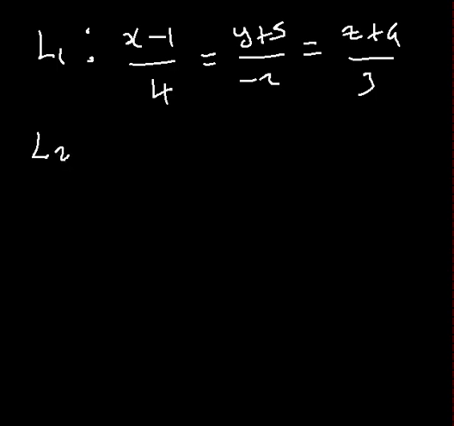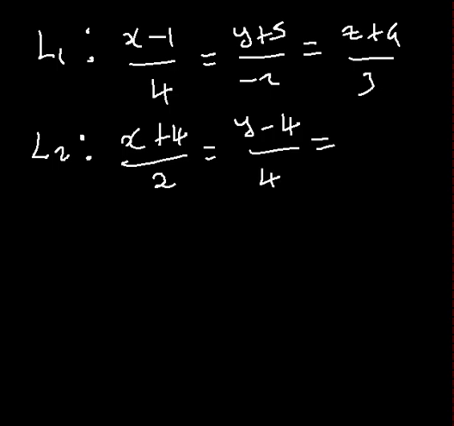And then we have line 2, which is given as x plus 4 divided by 2, the same as y minus 4 divided by 4, which is equal to z plus 18 divided by negative 6.